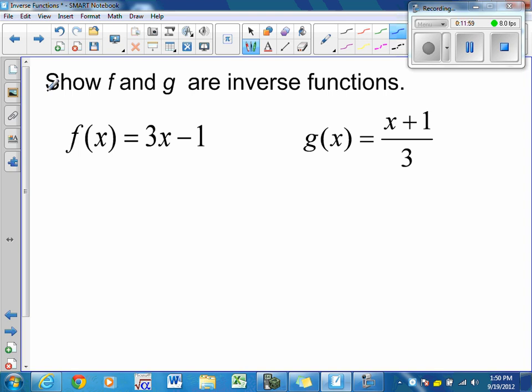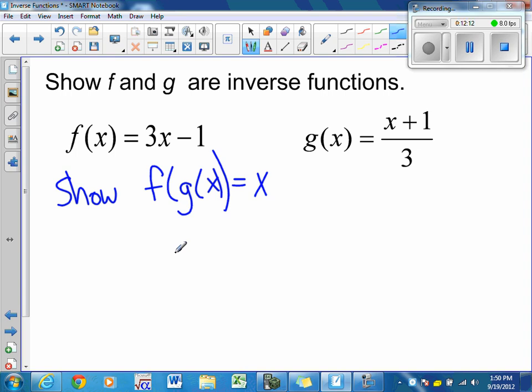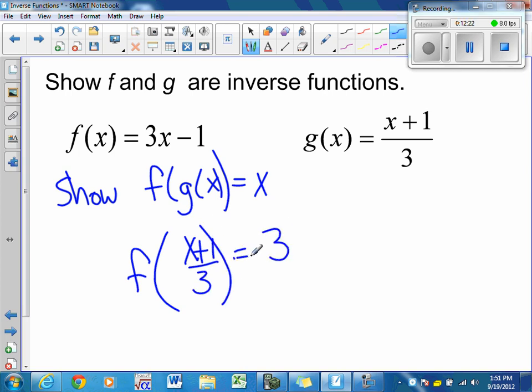So let's show these are inverses. To show this is an inverse, we want to show that f of g of x equals just x. So I'm going to put g into f, and hopefully everything cancels.